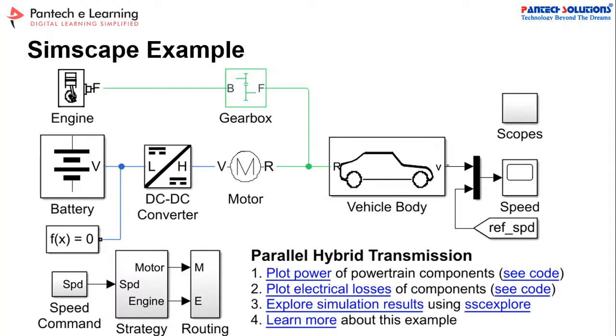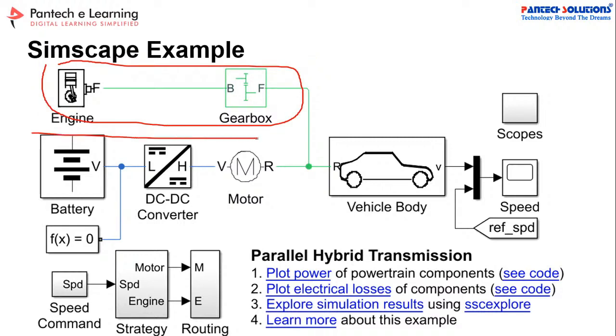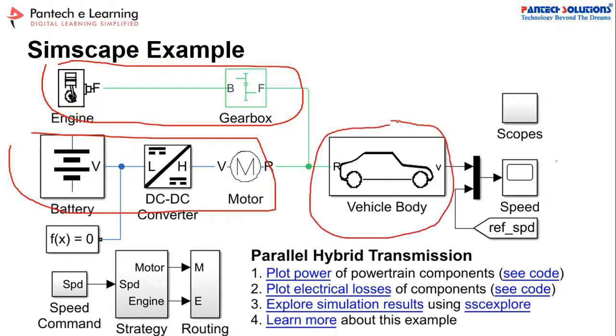And under Simscape, this is the multi-domain case study example. This is the mechanical system, and this is the electrical system. These are also driveline systems, and these are the Sim Power Systems block sets.